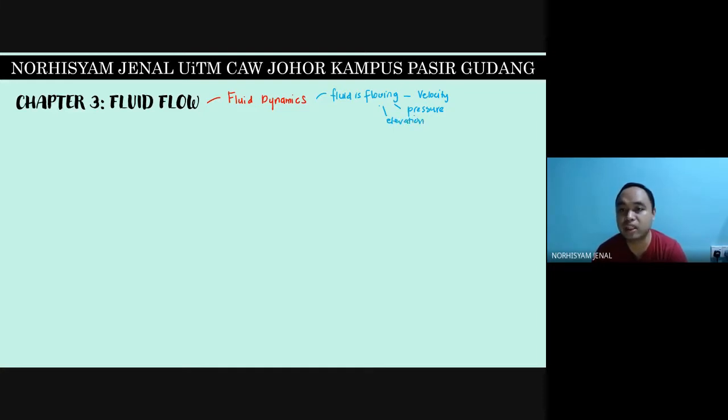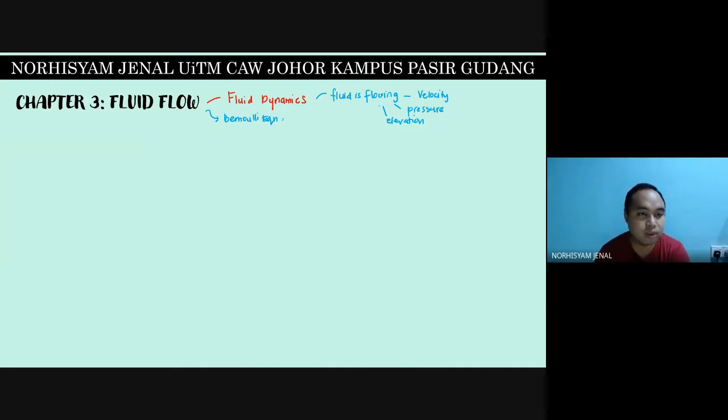And I think these 3 will be the main ideas for chapter 3. Sometimes people also call chapter 3 the Bernoulli equation, but we are going to go into that later.